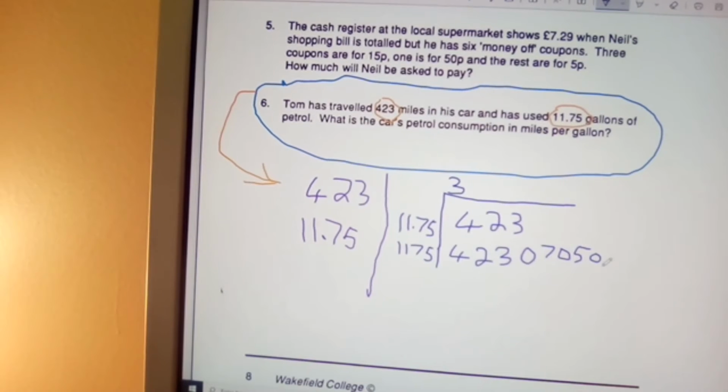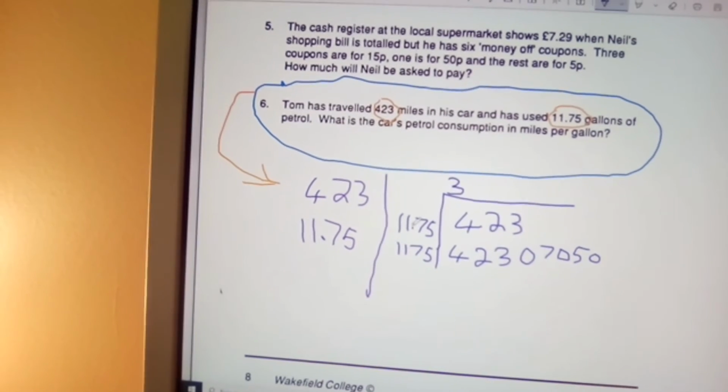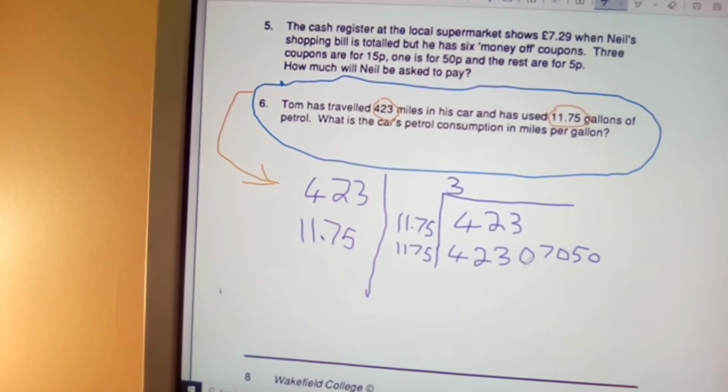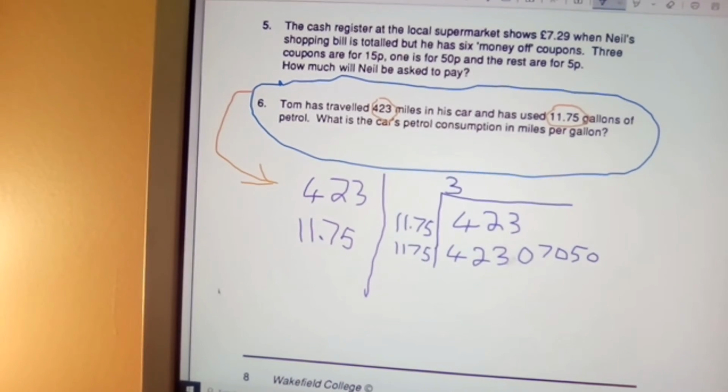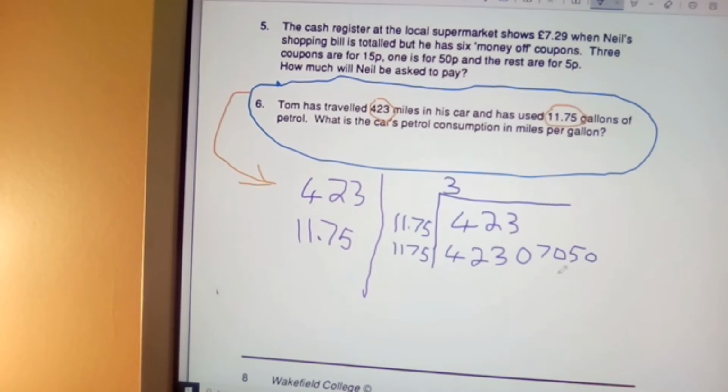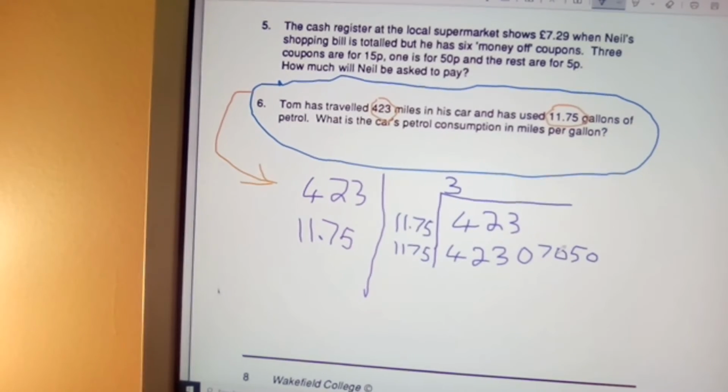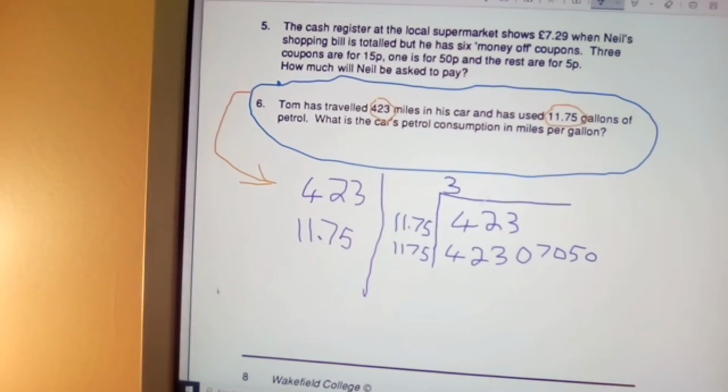I've moved my decimal point from here to here, two places to the right, and I made it 1,175. I said 1,175 into 423 could not go, so I added a 0. I didn't put a 0 up here, I put a 0 here because these are whole numbers. The remainder is 705. 1,175 into 7,050 goes 6 times.